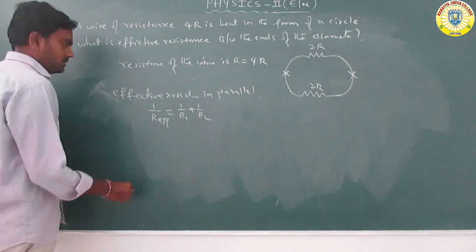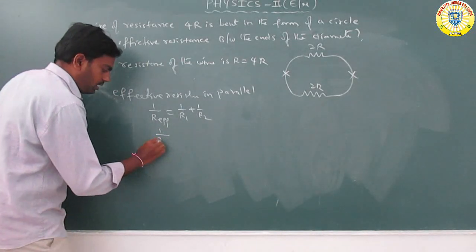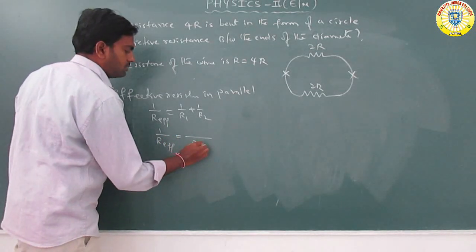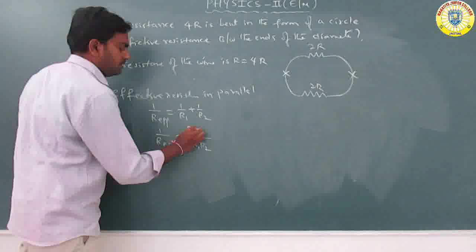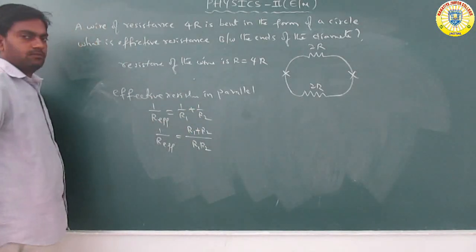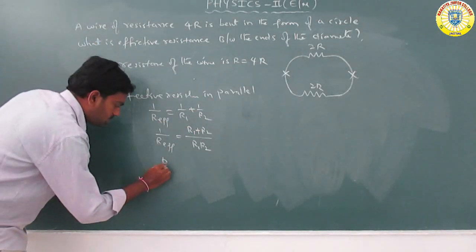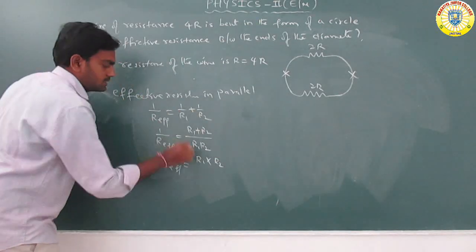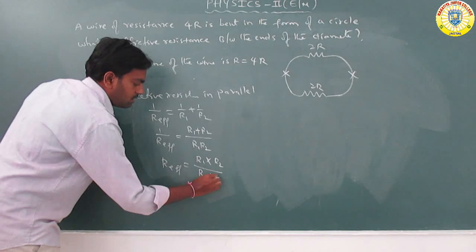So R effective is equal to R1 into R2 by R1 plus R2.